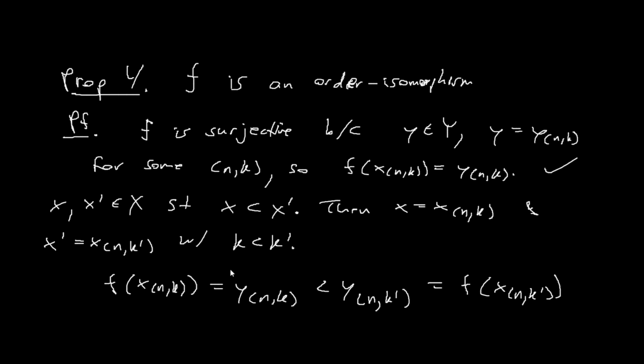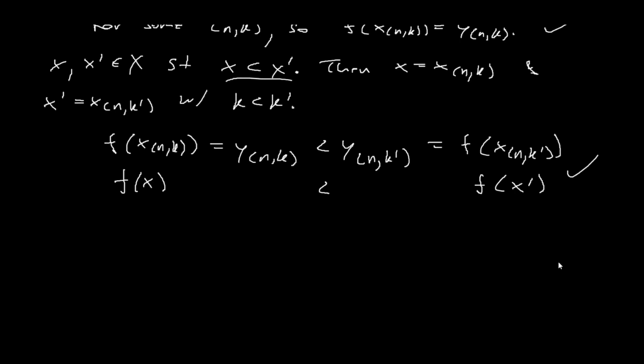And thus, if the original two elements have x less than x prime, then f of x has to be less than f of x prime, and thus the ordering relation is preserved.